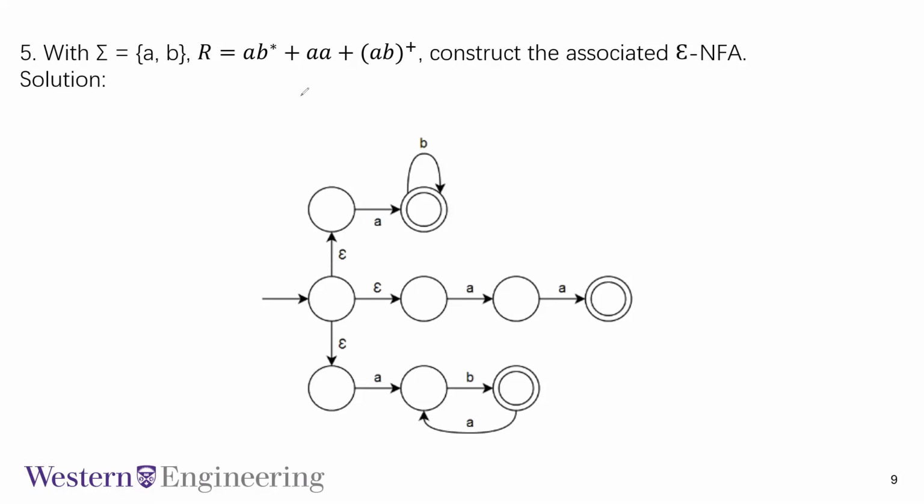For this question, we can see that the regular expression is composed of 3 atoms. So for each atom, we create a branch for it. For example, this, and the star operation is achieved by using the self loop, and the plus sign means at least one.